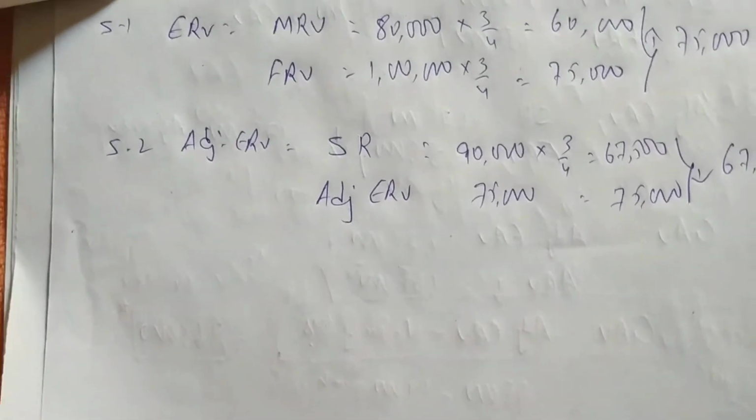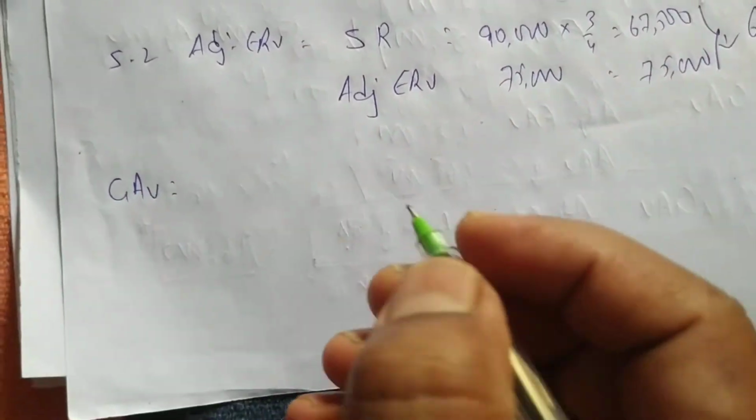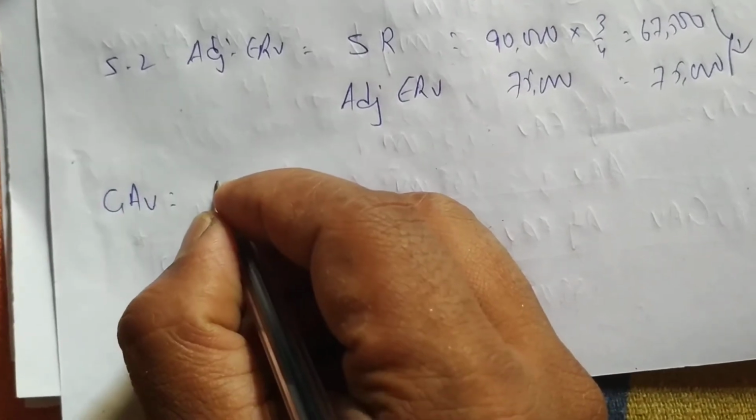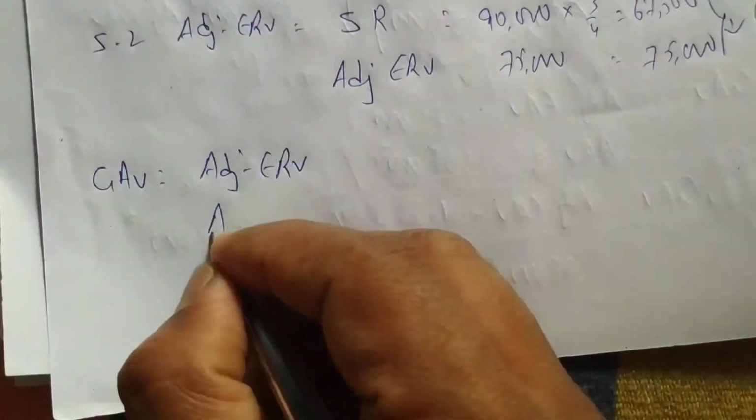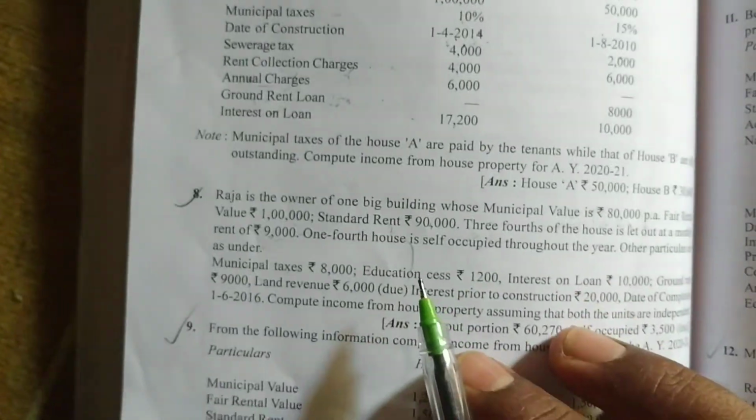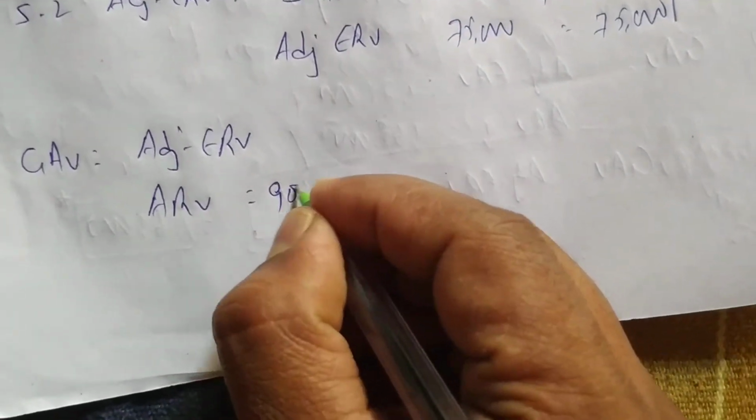Next, now what is next step? We have to find out GAV. So how to find out GAV? GAV is adjusted ERV and ARV. How much is ARV given? ARV is given 9,000 per month. So first we have to do 9,000 into 12.